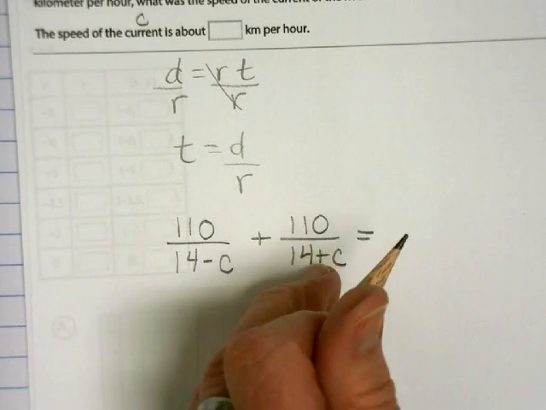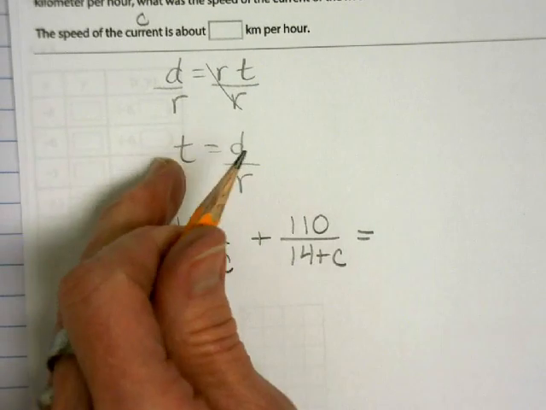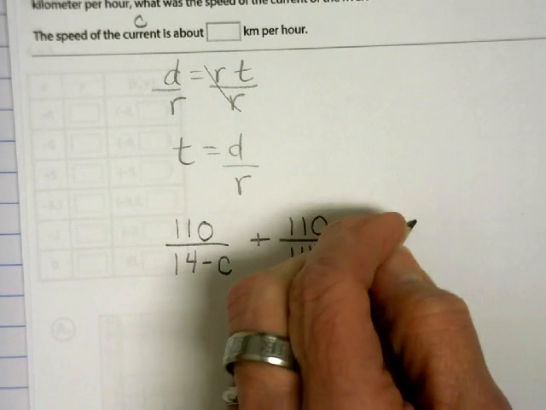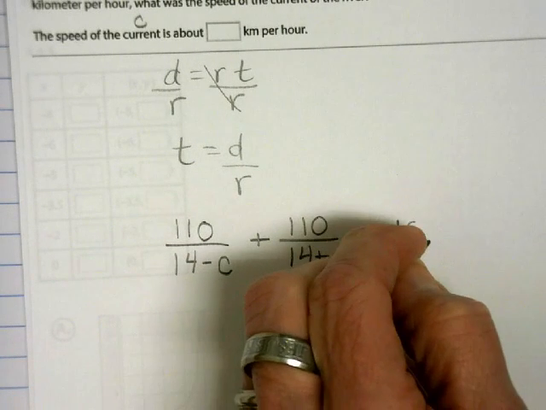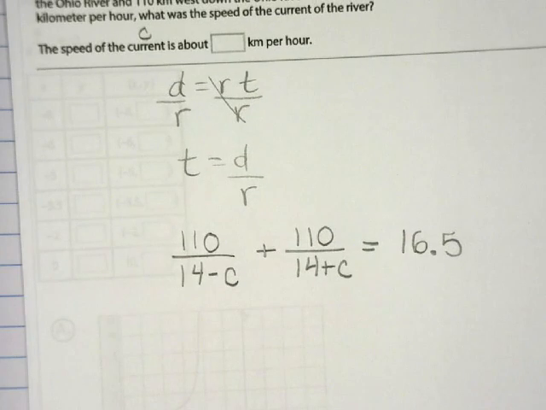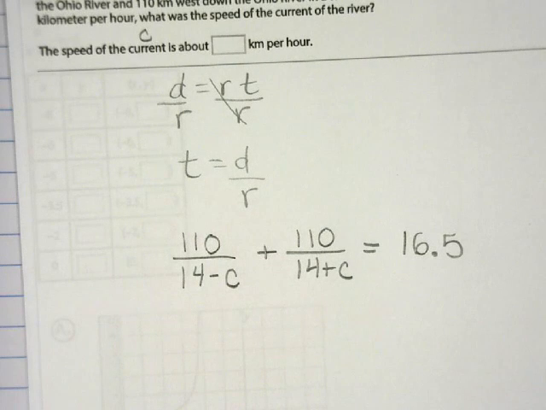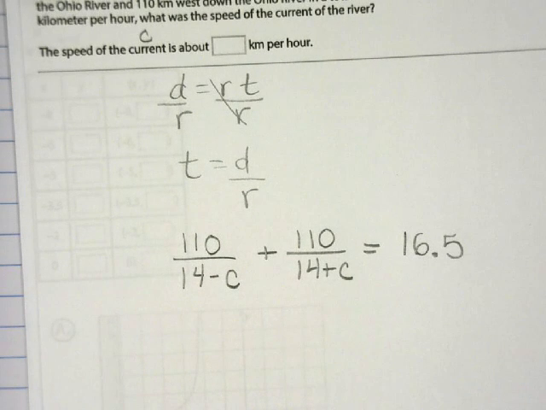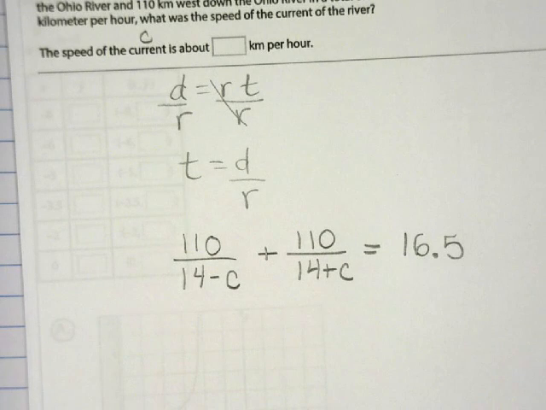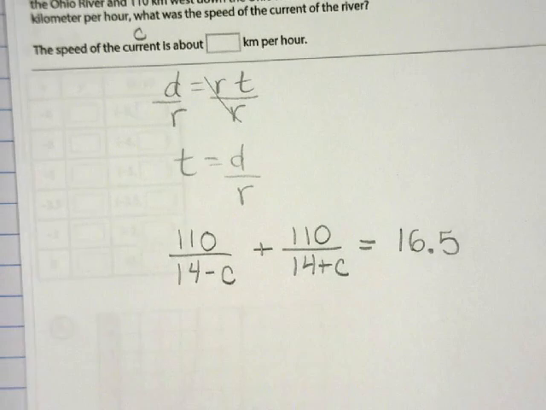Then you go down the river 110 with the current, so it's going to make you go faster. And then distance over rate plus distance over rate equals the combined time, which was 16.5 hours. So that's where I got my equation.